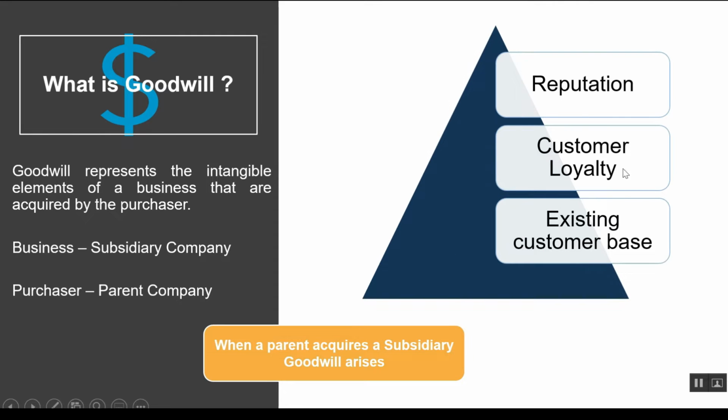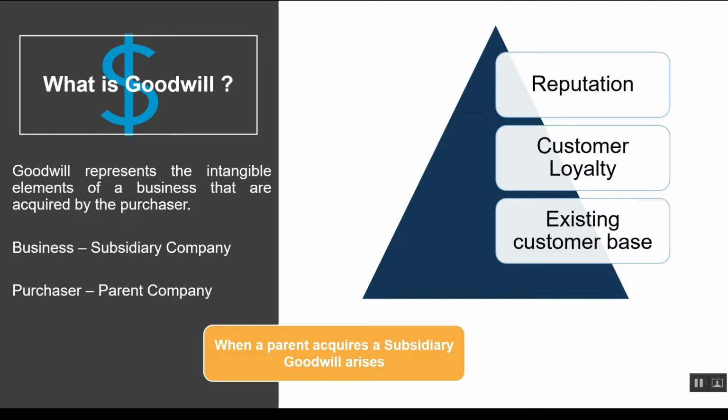This goodwill includes the reputation of the subsidiary. What does it mean? Let's say the subsidiary company is a well-reputed company. For that reputation, the acquiring or parent company will have to pay a premium price over and above the value of the company. Here the value means the net assets of the company.